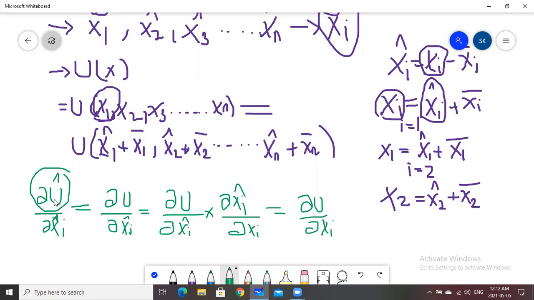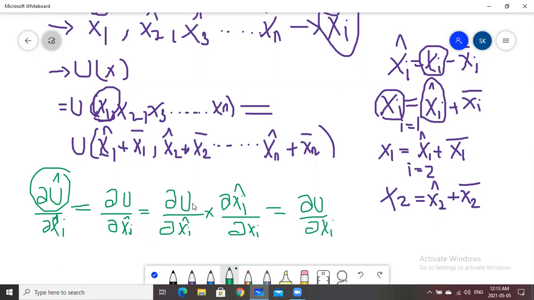Partial derivative of the net utility function with reference to the partial derivative of the net demand function is equal to partial derivative of the main utility function with reference to the partial derivative of the net demand function of the I goods.